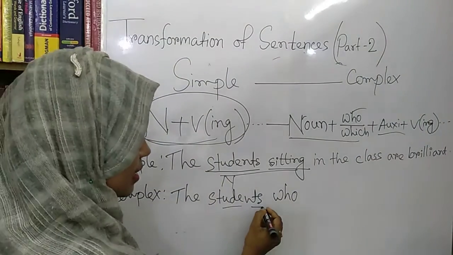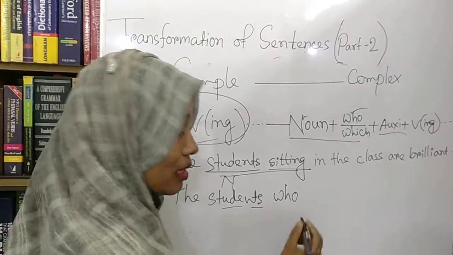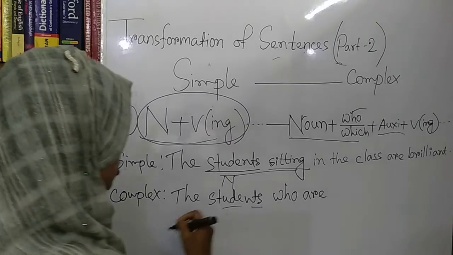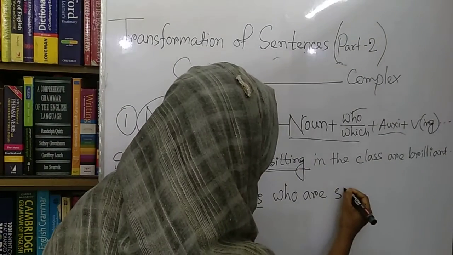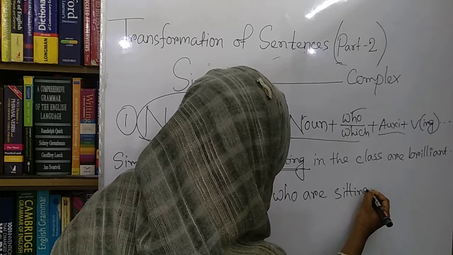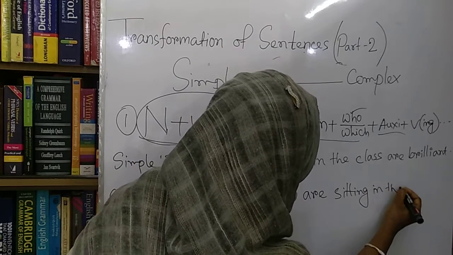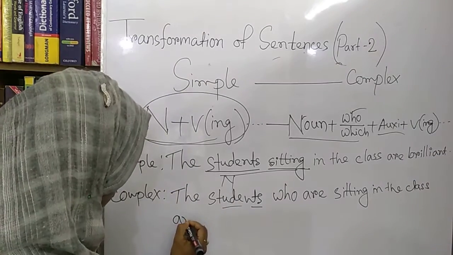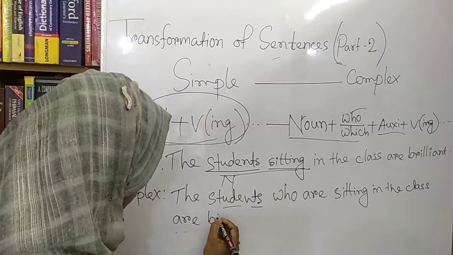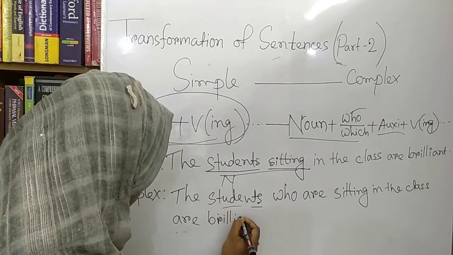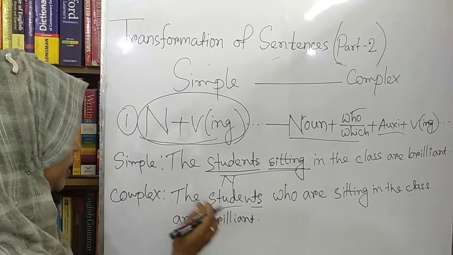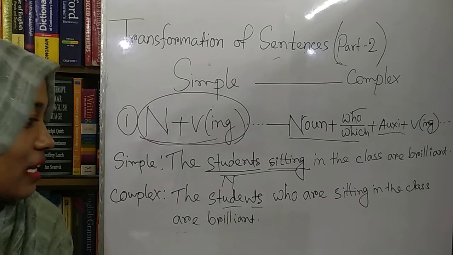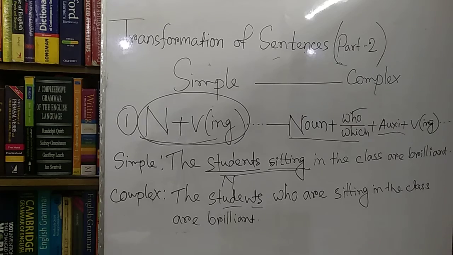As it is plural, here we will use a plural auxiliary verb, who are sitting in the class are brilliant. It's a complex sentence. The students who are sitting in the class are brilliant. Number 2.